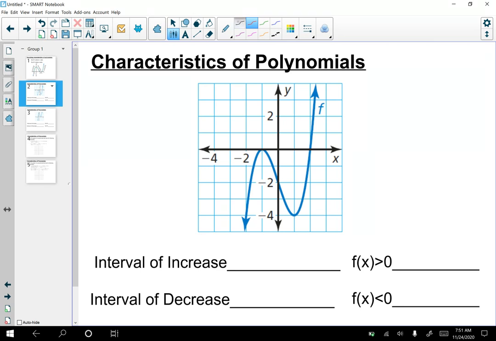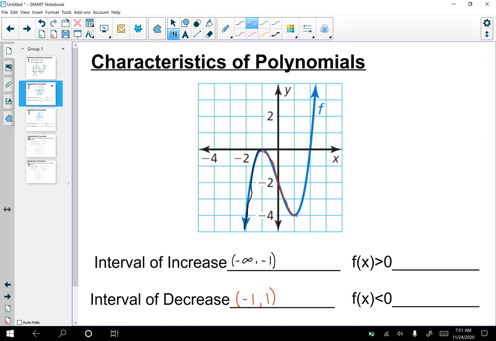So for an interval of increase, if I take my pencil and trace this graph, remember I have to start most to the left and work left to right. It would be increasing here, so I know I'm going to be increasing from negative infinity to -1. Then we start to drop, which would be an interval of decrease, so it's going to decrease from -1 to 1.